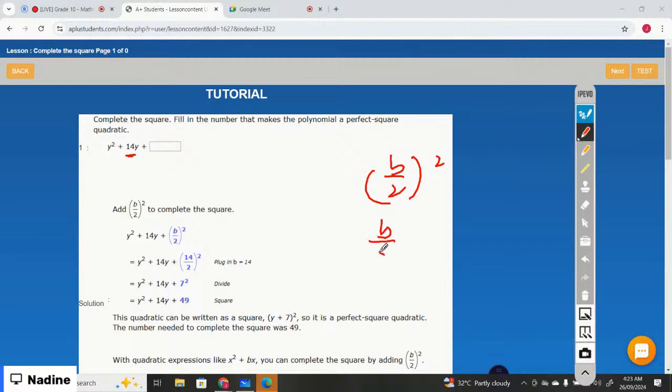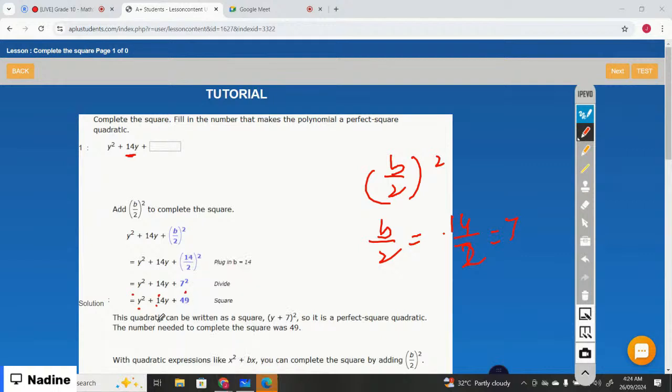So b over 2 equals 14 over 2, that is 7. That means you need to add 7 square. So y square plus 14y plus 7 square equals y square plus 14y plus 49.